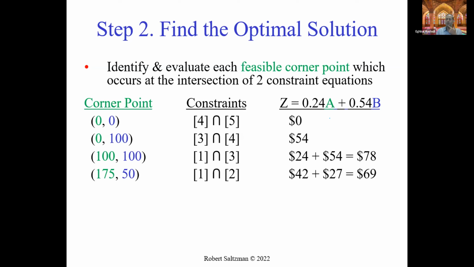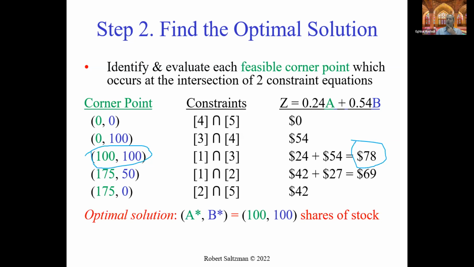So this would be $42 and $27 for investment in B, and that would be $69. So far, the third one, which is 100 and 100, would make the largest investment return. The fifth one, purchase 175 of A and nothing of B, would yield $42 in investment return. So the best one, the maximum one, is this guy, $78, which is purchase 100 of A and 100 of B.